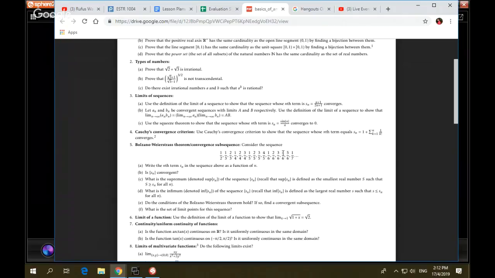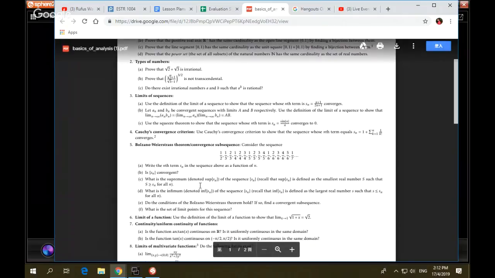But there is a convergent subsequence which is converging to 1, and therefore the supremum, which is the least upper bound, is 1. It is the smallest number which is larger than everything else within the set over here, right? Similarly, the infimum is 0.